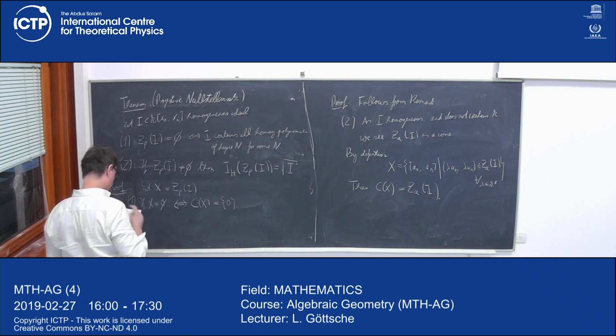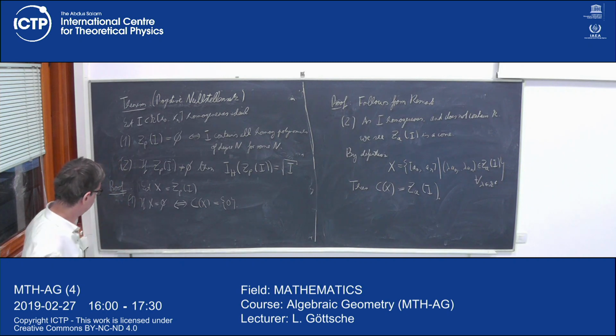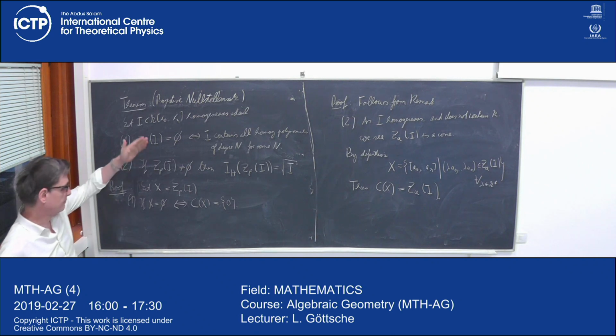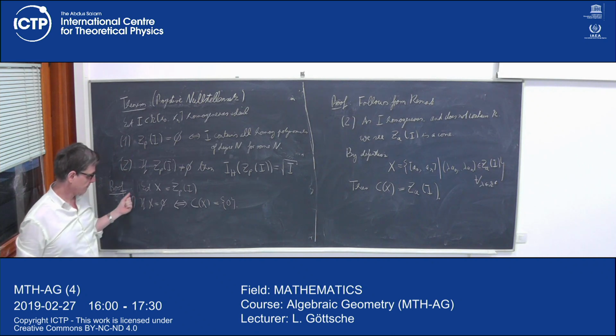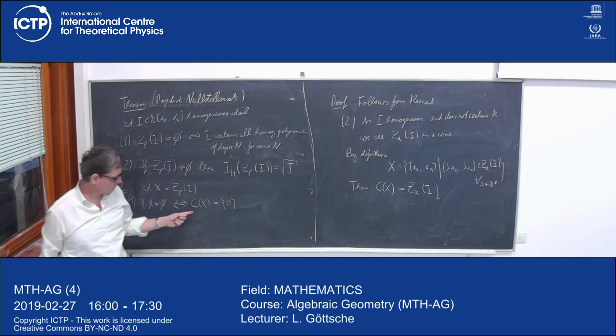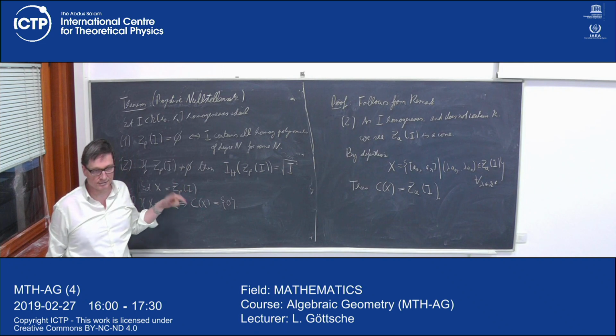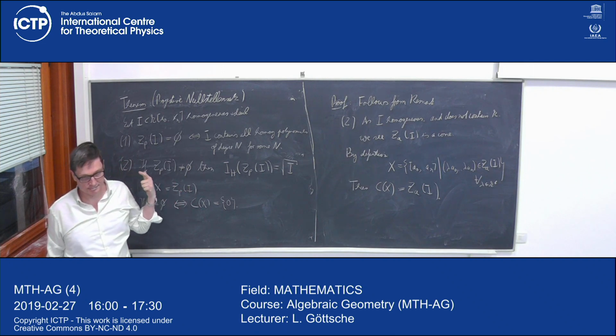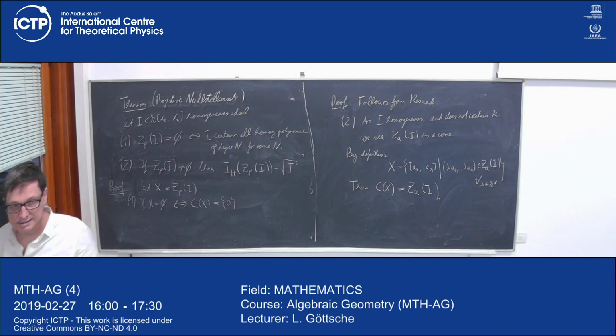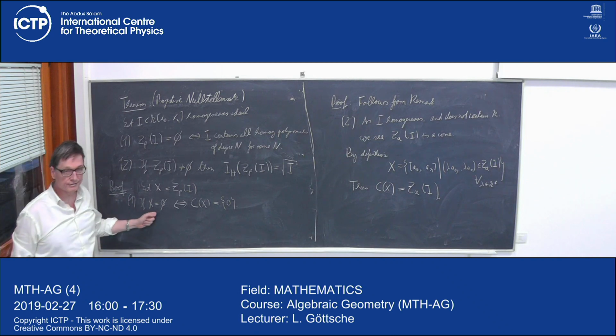Before, we had seen that this equivalence, that the cone over X is the affine zero set of the same ideal, only holds if X is not the empty set.